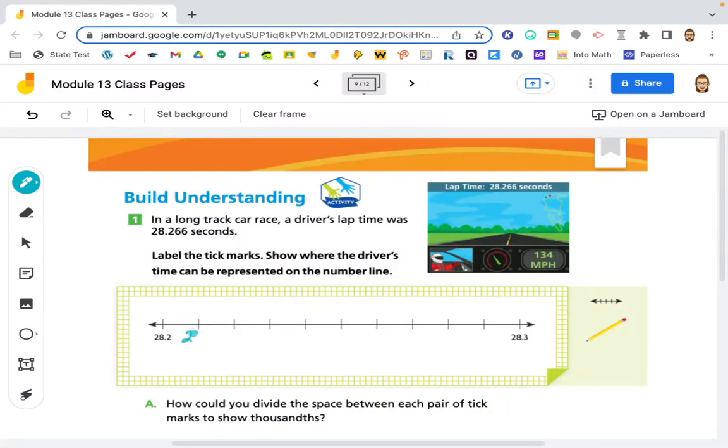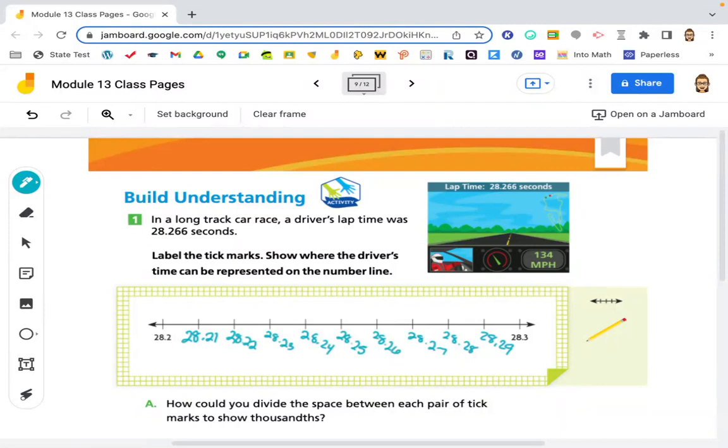So we're going to have 28 and 21 hundredths, 28 and 22 hundredths, 28 and 23 hundredths, 28 and 24 hundredths, 28 and 25 hundredths, 28 and 26 hundredths, 28 and 27 hundredths, 28 and 28 hundredths, 28 and 29 hundredths.